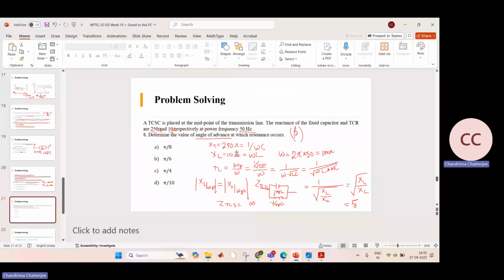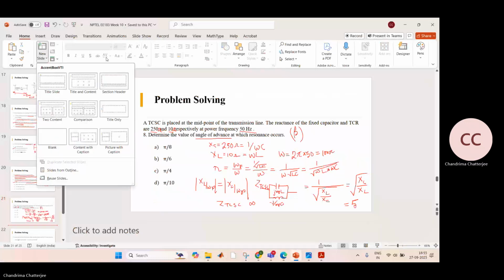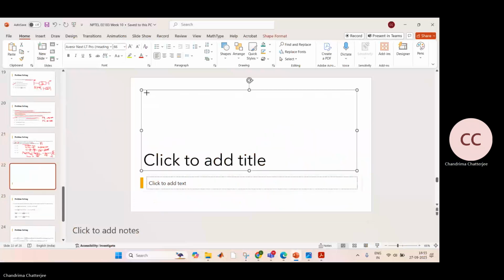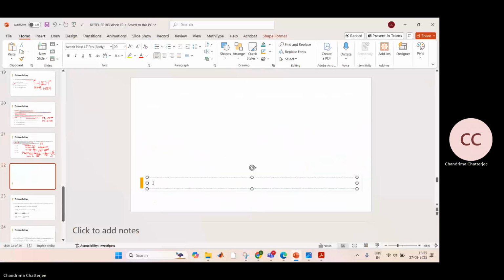I will take one extra slide. So what will be the net impedance over here?